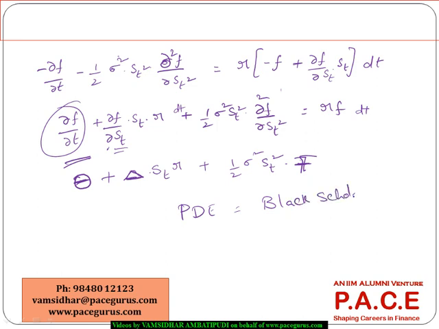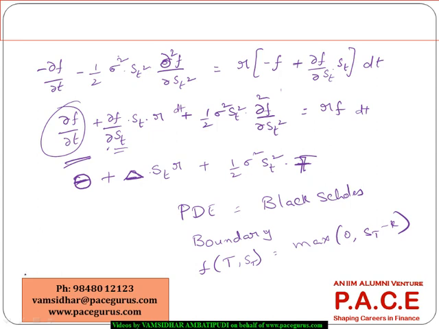And by using appropriate boundary conditions, which are like the maximum value of this derivative is somewhere between 0 and probably st minus k if it is a call option, k minus st comma 0 if it is a put option. Using that, doing a simplification of this partial differential equation, we can very well derive the price of the call option.